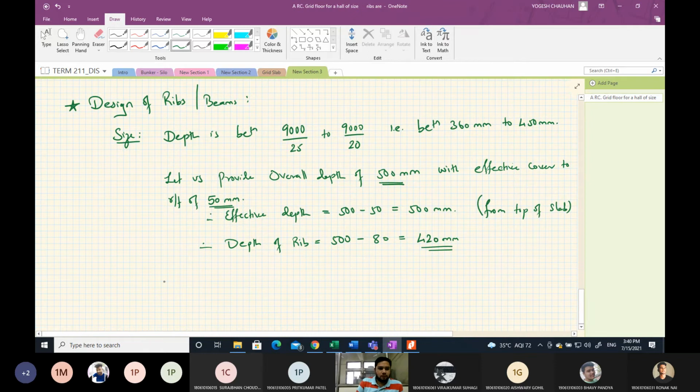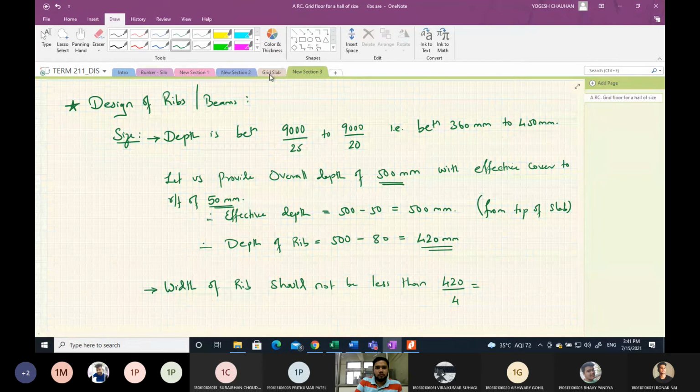So we can now find the width of the rib. The width of the rib should not be less than 420 by 4.